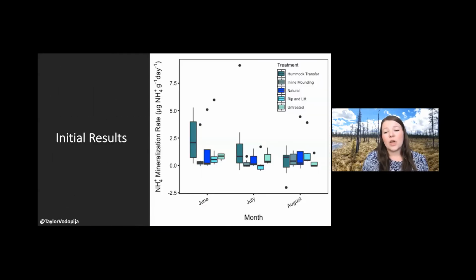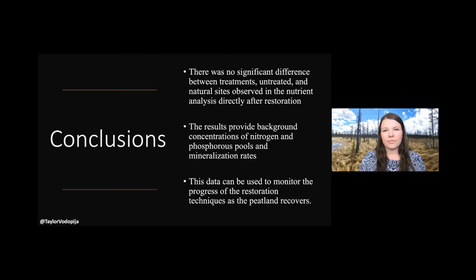Our initial results are showing that there actually is no significant difference between the treated, untreated, and natural area for the nutrient analysis, except we did see slight significance between the months for ammonia mineralization rates. So really, there was no significant difference between the treatments, untreated, and natural sites observed for the nutrient analysis.